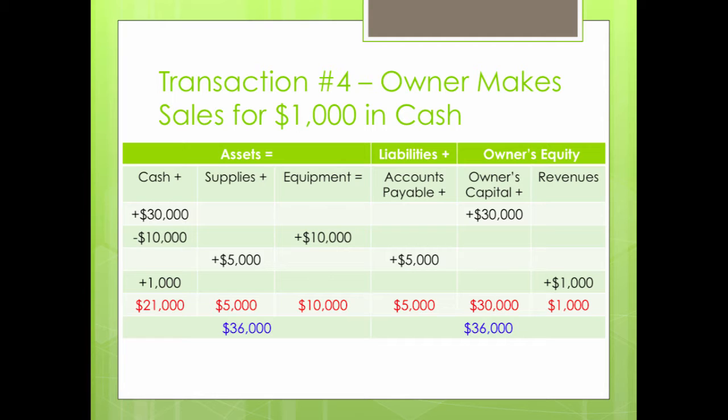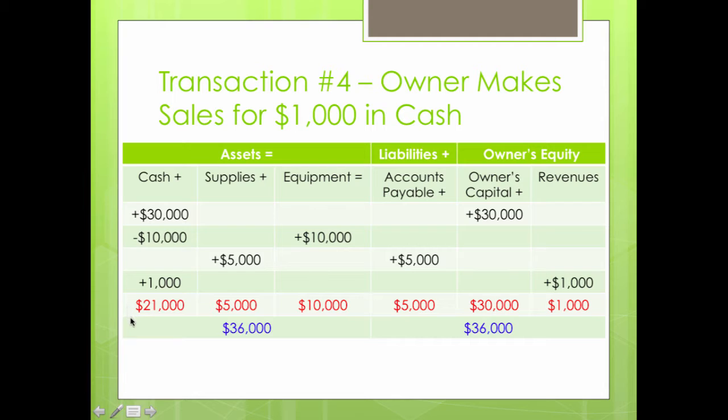Notice that the keywords here are sales and cash. Sales in this case is revenues, and revenues is part of owner's equity. And when they are in cash, so we're receiving the sales, we're receiving money right away, we record the transaction under the cash account under assets.